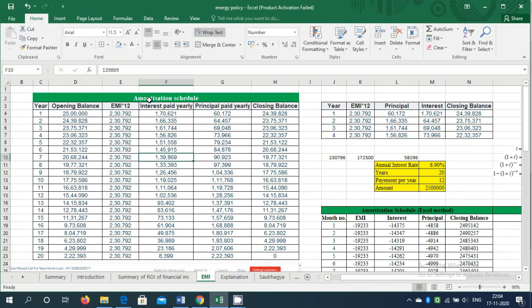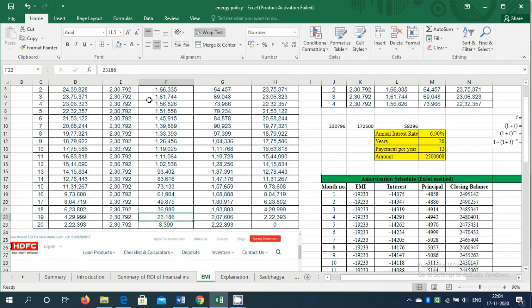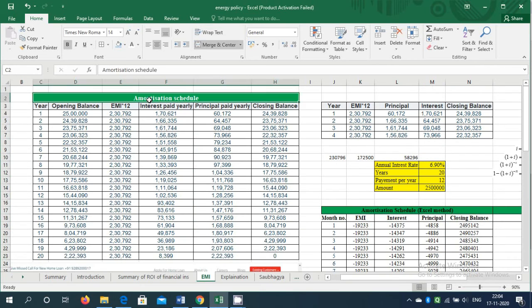After 10 years onwards, you can see the interest going downward. It was initially about 1,70,000 on a yearly basis, and here it comes down to 8,399 in the last year. If you have the availability of funds for pre-closure, that is a different issue; otherwise, you have to be careful about that.